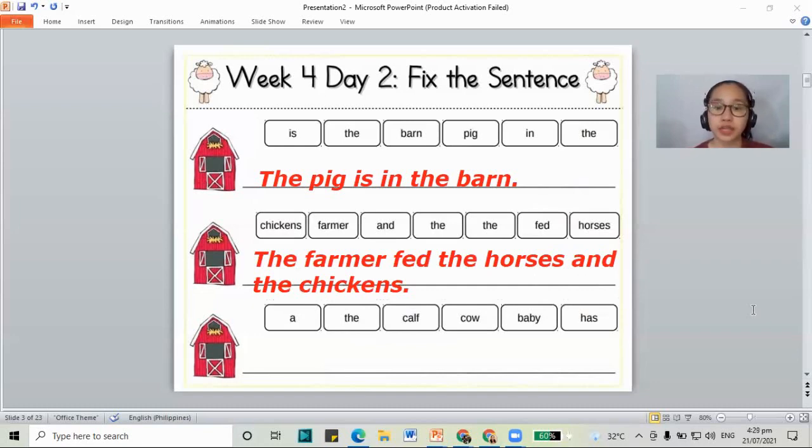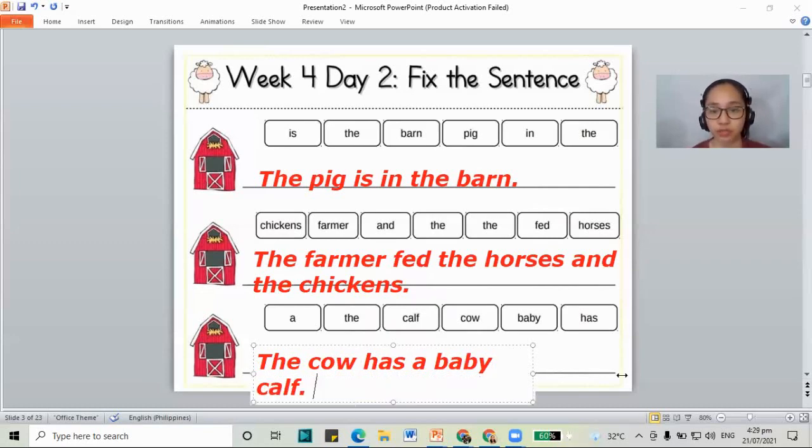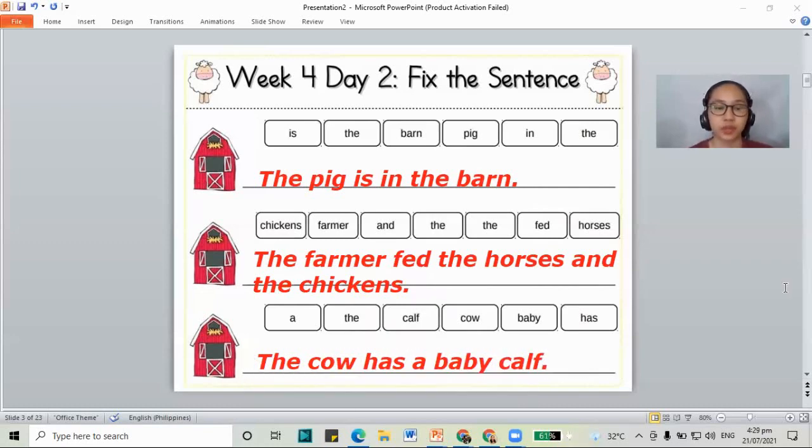How about the next one? We have the cow has a baby calf. So we also have this one. This is how you make your sentences. How about the next part?